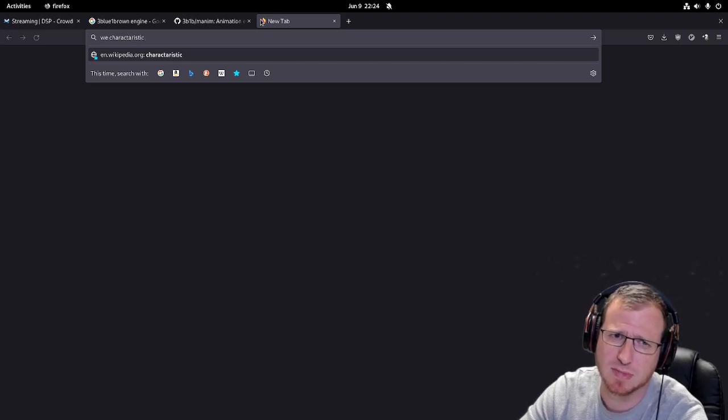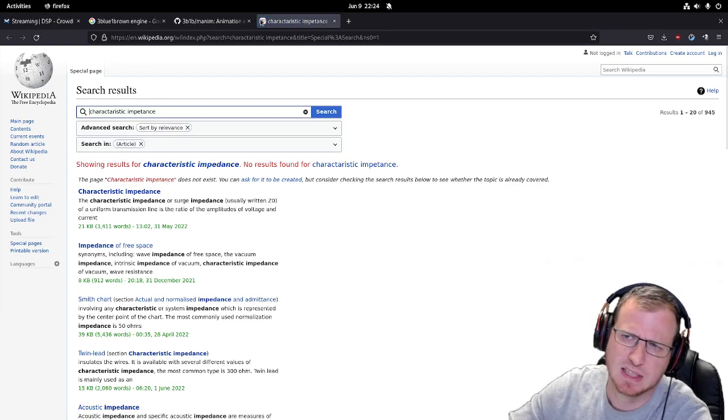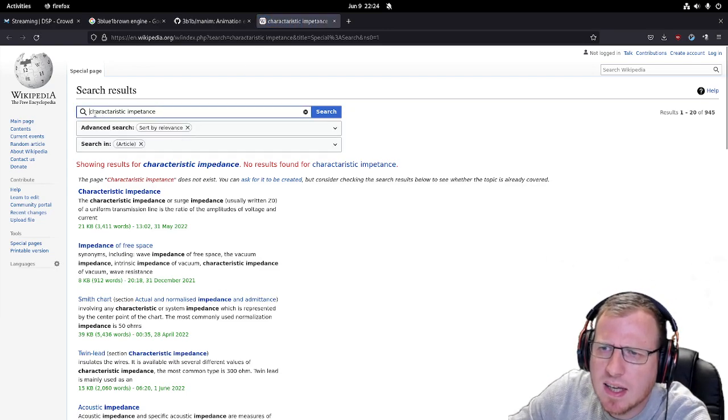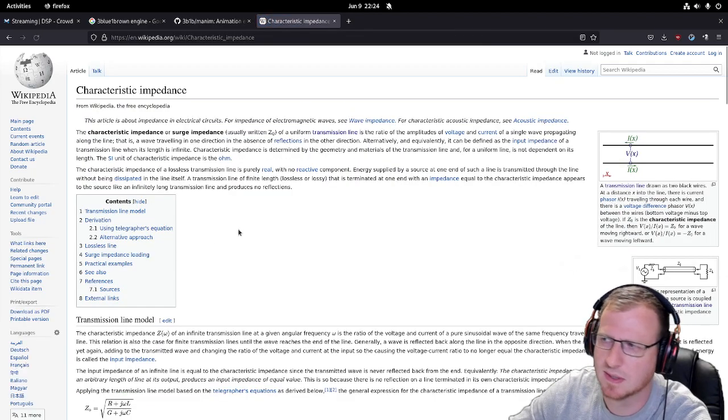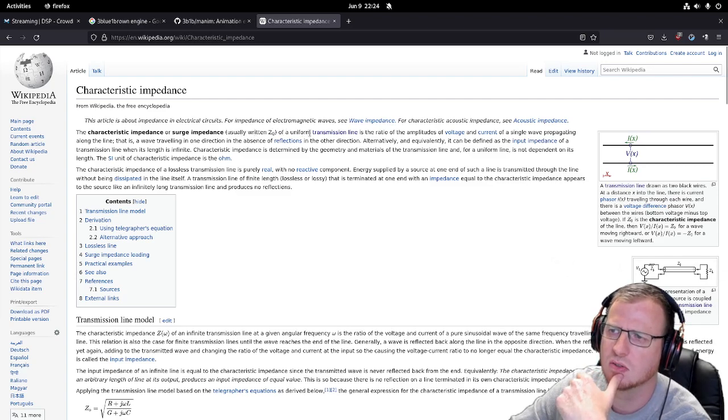Characteristic impedance or surge impedance, usually written Z0, of a uniform transmission line, is the ratio of the amplitude of voltage to current of a single wave propagating along the line.